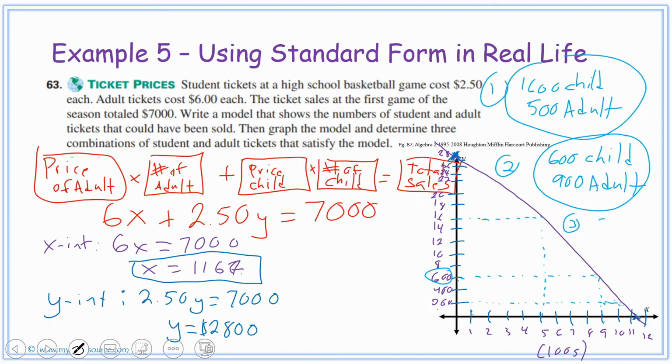So if I sold 200 child tickets, remember child is your vertical. So child is vertical and X is the adults, I believe. Yeah, X is adult. All right, so if I sold 200, I would need about, what's that? 10 halfway in between, maybe 1,050. So 1,050 adults.